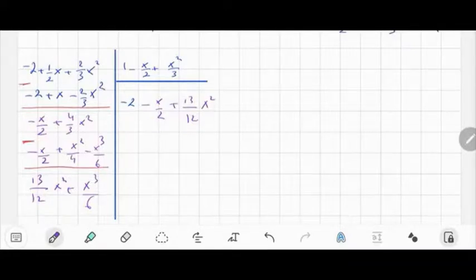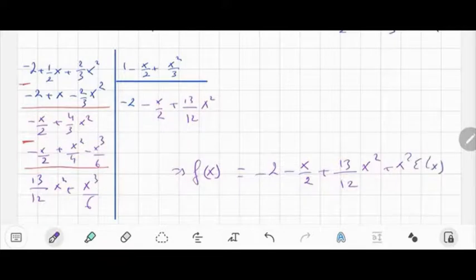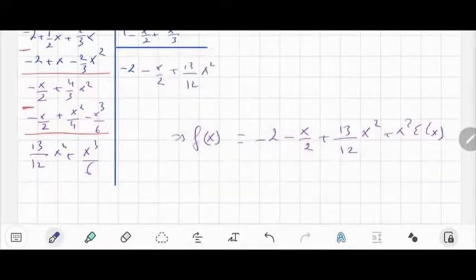So this is the expansion, which means that f of x can be written as minus 2 minus x over 2 plus 13 over 12 x squared plus x squared epsilon of x. And now we can conclude the limit of f of x when x tends to 0. So this is the limit of f of x when x tends to 0, so it's equal to minus 2.